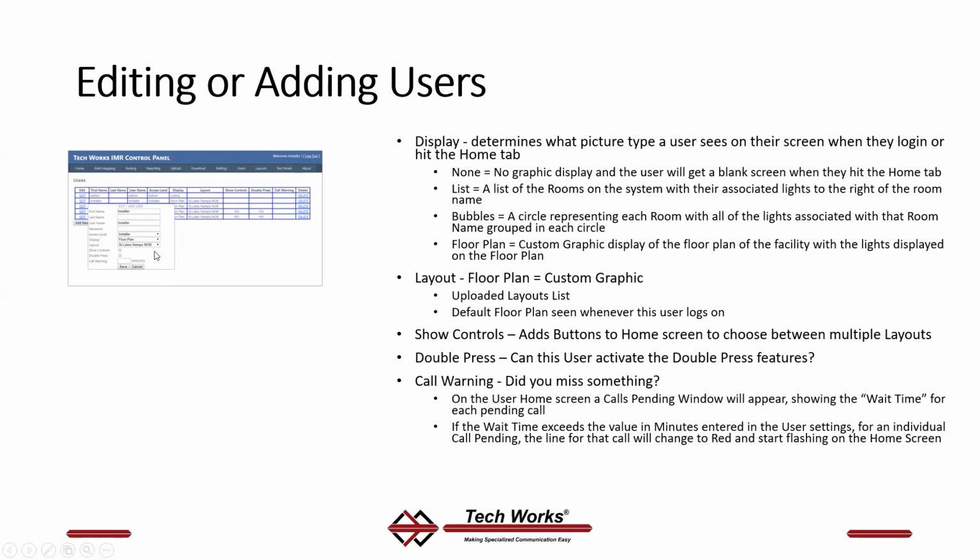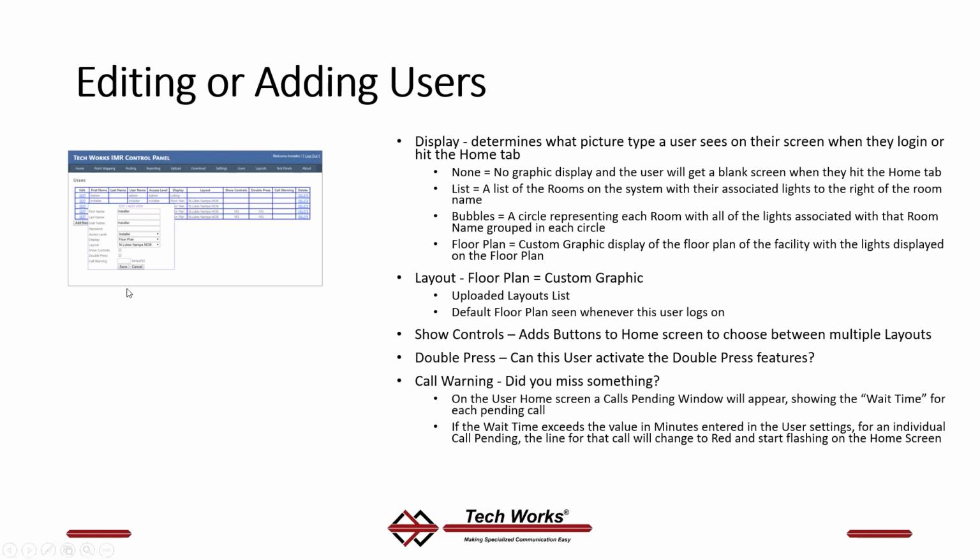If you have layouts and you click this box, then what will happen, you set a time in here, and if you have ignored a call, there's a little menu on the lower right-hand side of your display that shows a list of pending calls and how long they've been waiting.